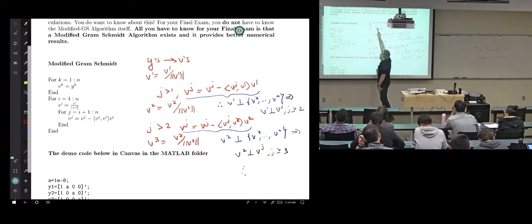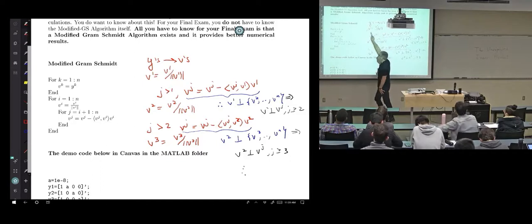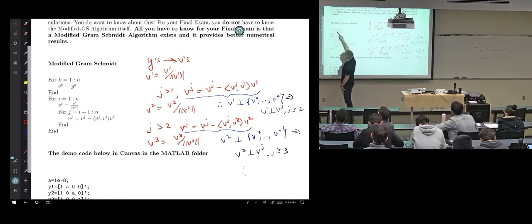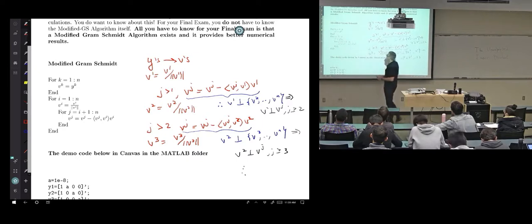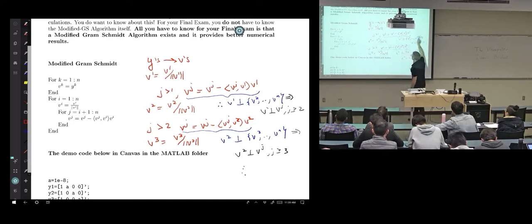V1 is Y1 divided by the norm of Y1. So the first thing we do is we just rename the Y's as V's, okay? That's all we're doing here, the first step. We just rename the variables. But then what it does is it removes the V1 component from all of the other Y's. So for V2, V3, V4, etc., we remove the V1 component.